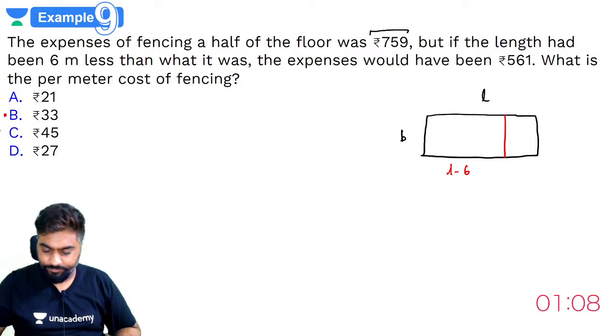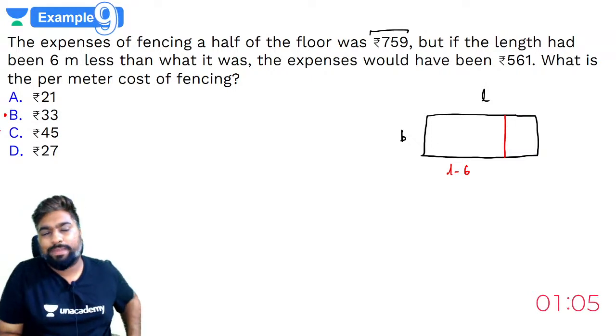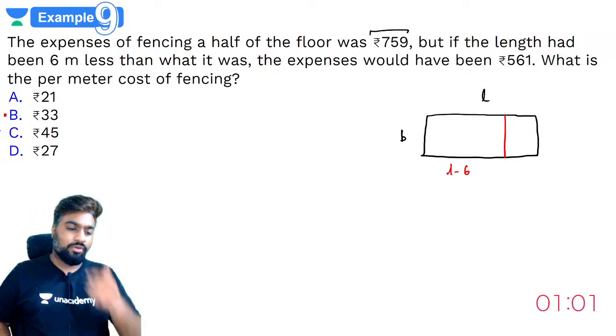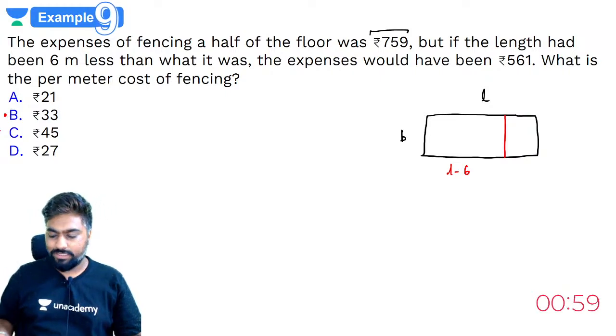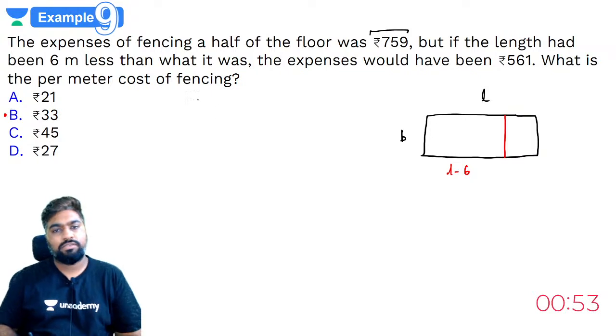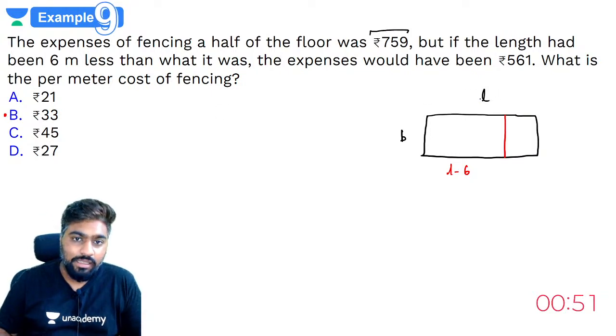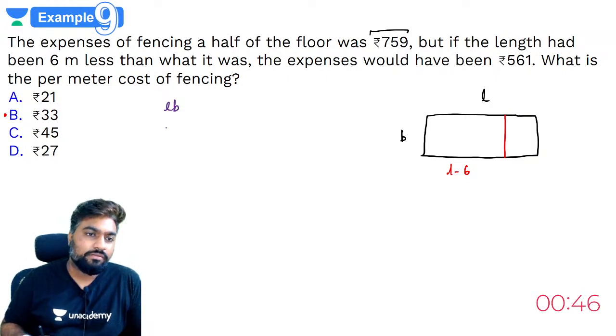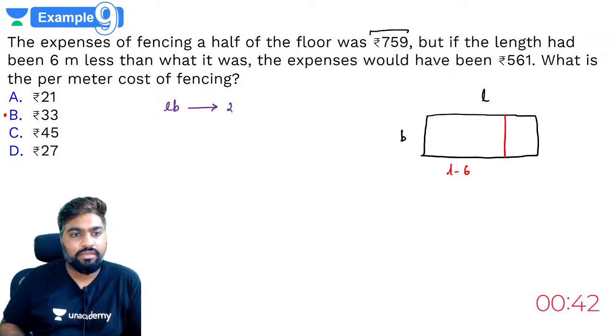Nalin, you get about 20 to 25% of the questions. 20 से 25% of the questions geometry mensuration के related होते हैं. Okay, look at this. So first what they're saying is that initially when the area was length into breadth, the costing was 759 rupees.